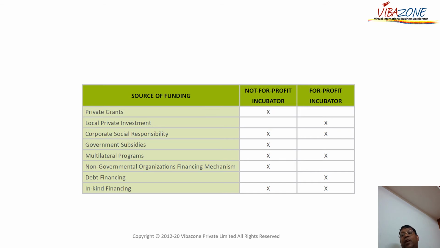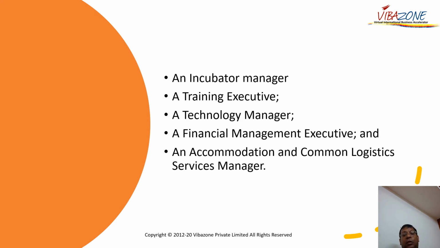Non-governmental organization funding mechanism is possible for non-profit. And debt financing is more for for-profit incubators. And in kind can be for both. So depending on what you're trying to do, whether you're a non-profit incubator or for-profit incubator, you need to decide your funding. Now, you've got your funding, now you need to start housing these people.